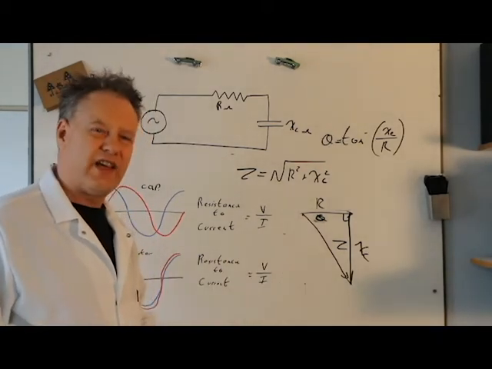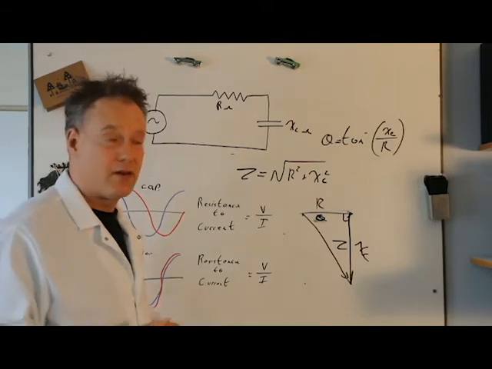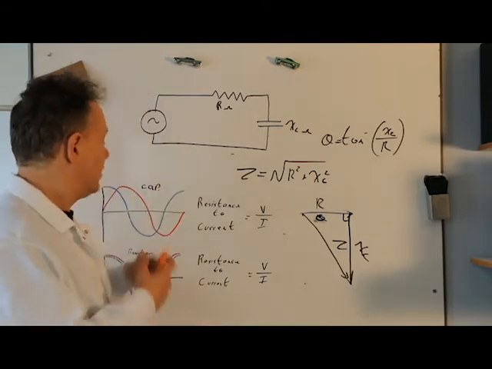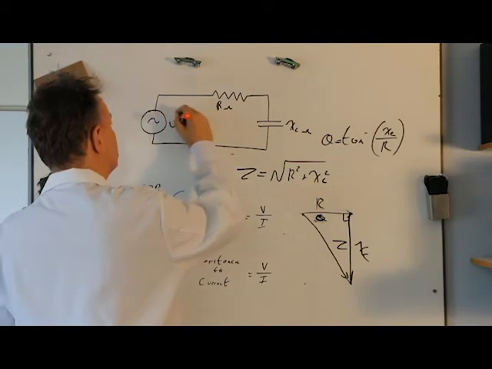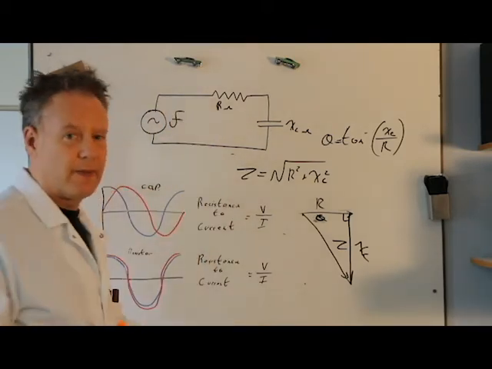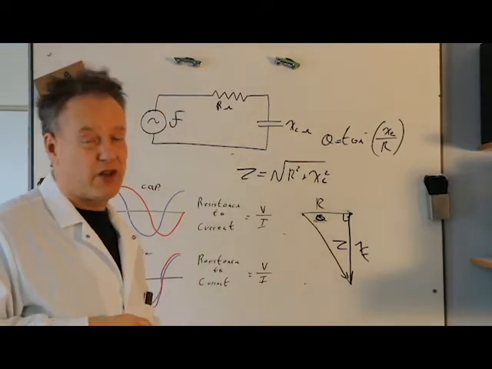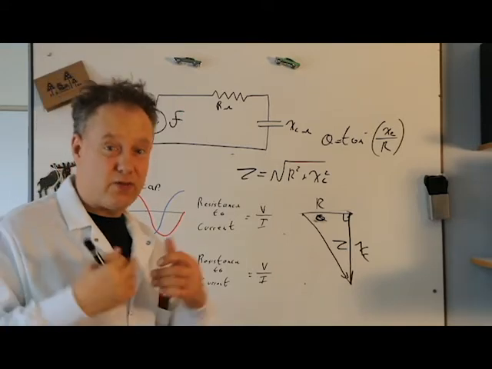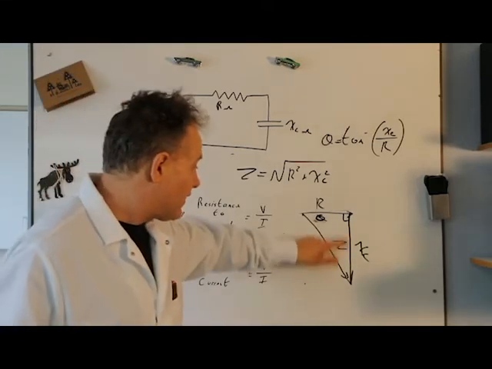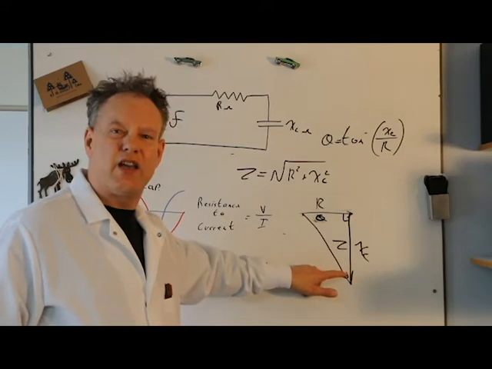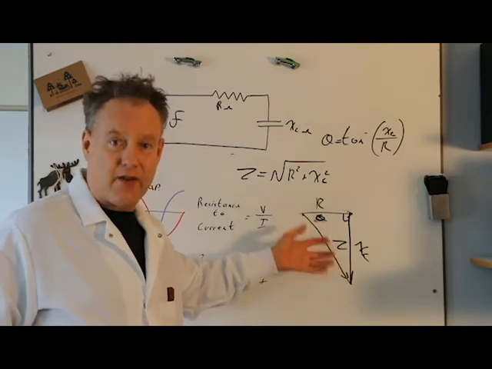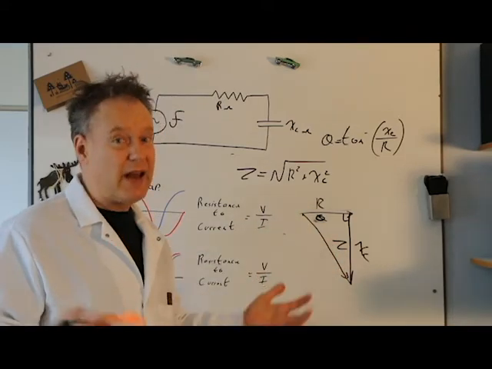Now, does the angle matter? Well, doesn't the angle actually have to do with the frequency? Let me write frequency on here. We don't know what the frequency is, but if the frequency changes, the length of this line changes. Oh yeah, that's right, because the reactance of a capacitor is dependent on the frequency.